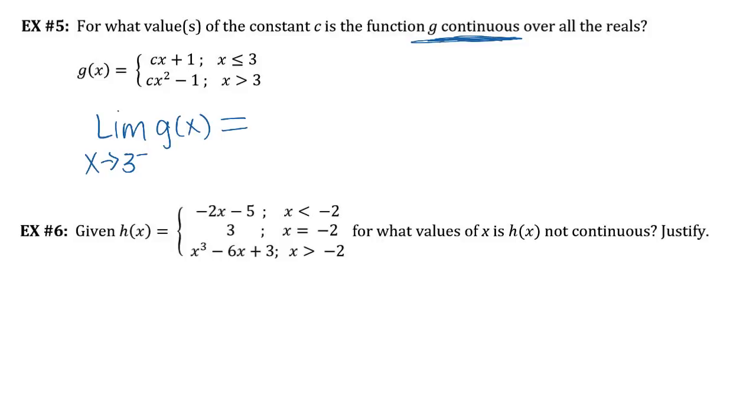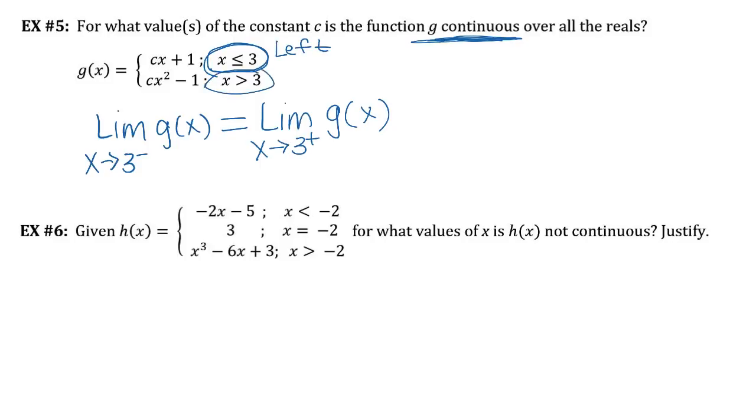You're saying, okay, I want to make sure this happens, so I've got to assume this limit will exist. And the only way that limit is going to exist is if these two things equal each other. Well, what am I going to do with that? Well, look, here's going to be all those x values that are less than 3 or to the left of 3. Here's all the values that are to the right of 3. So really this just amounts to plugging in 3 on each part and setting those equal to each other.